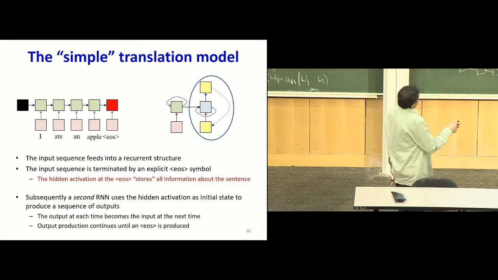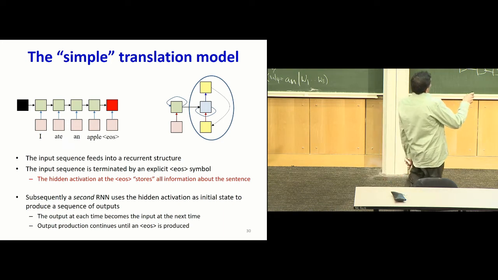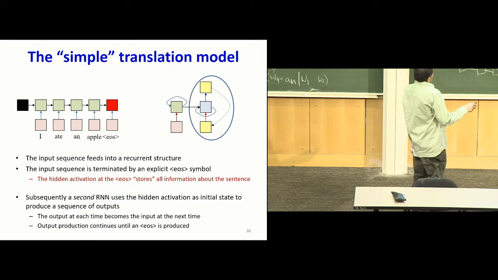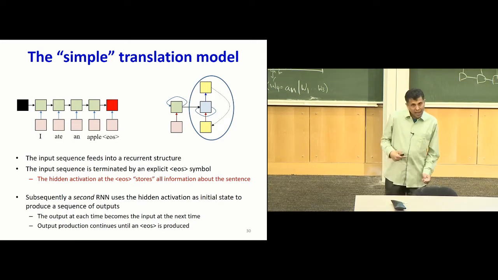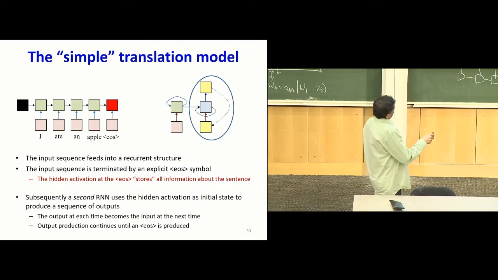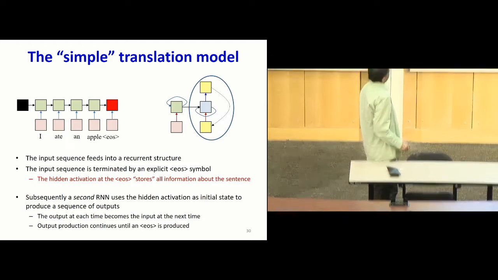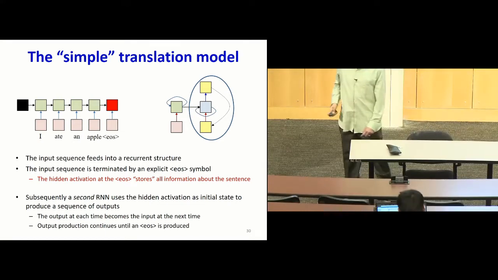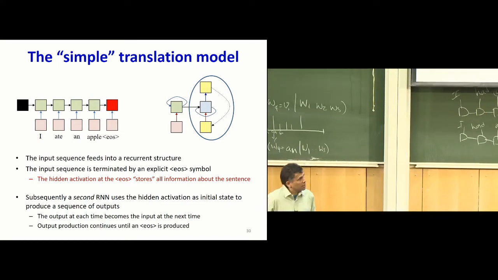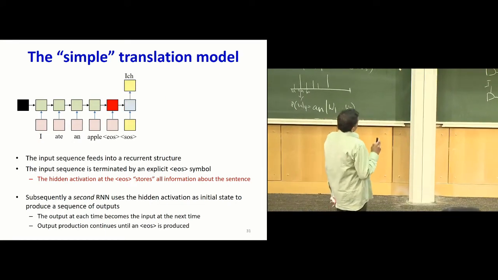Subsequently, this information is going to be passed on to the second recurrent network, which uses this hidden representation as an initial state to produce a sequence of outputs. And the output at each time becomes an input to the next time, and output production will continue until an end of sequence marker is produced.